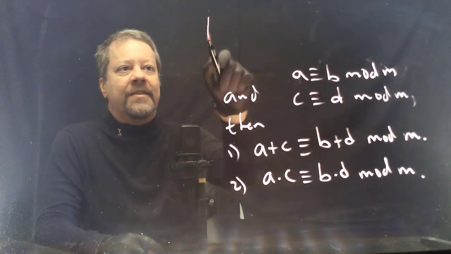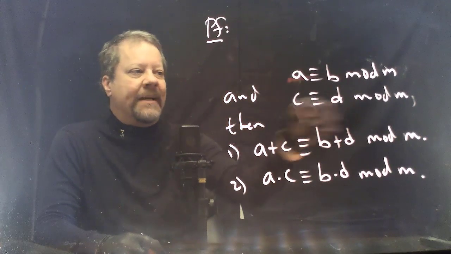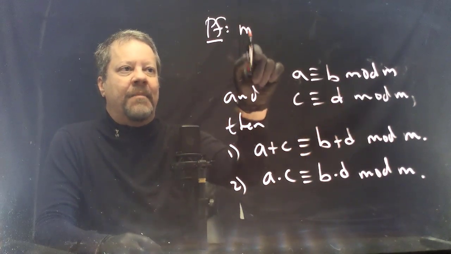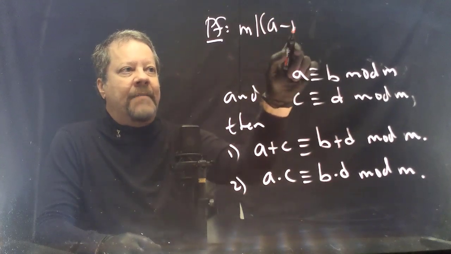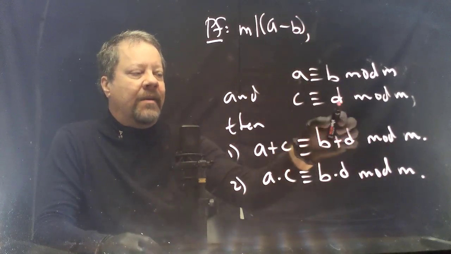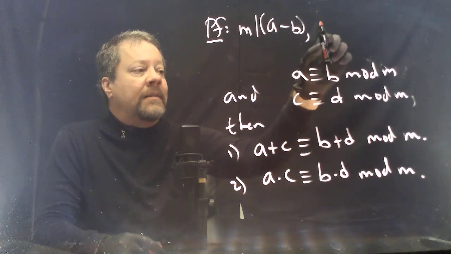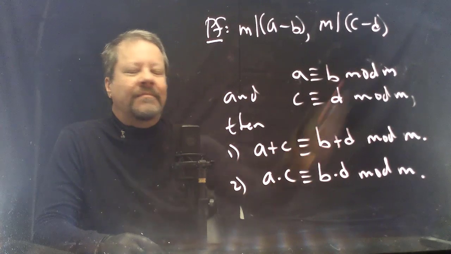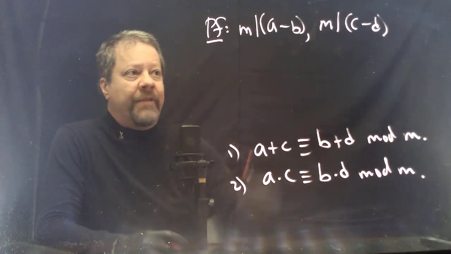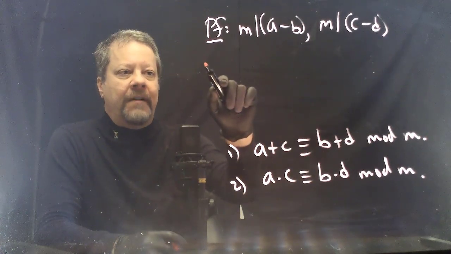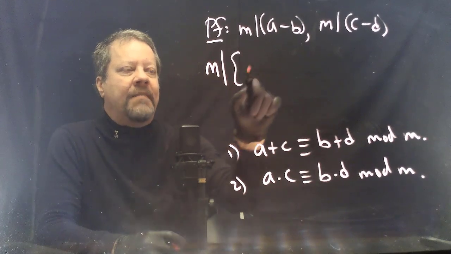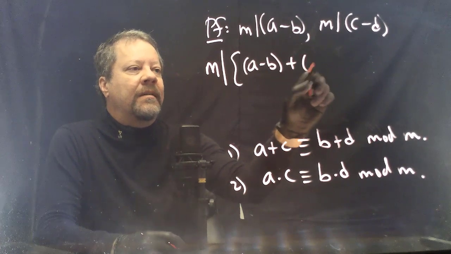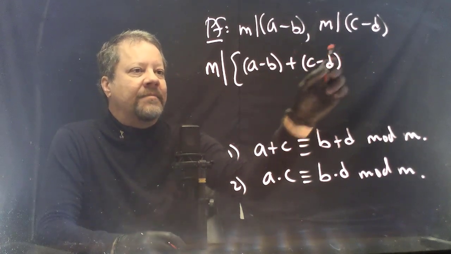To prove this, we need to write down what we mean by some of these statements. A is congruent to B mod m means m divides A minus B. And C is congruent to D mod m means m divides C minus D. By a theorem we've already proved, it follows then that m divides the sum (A minus B) plus (C minus D).